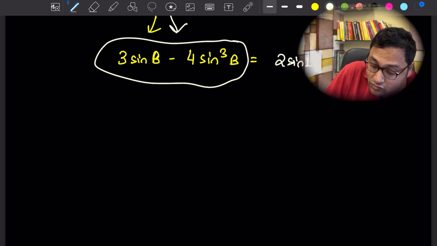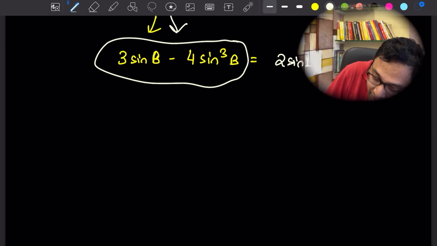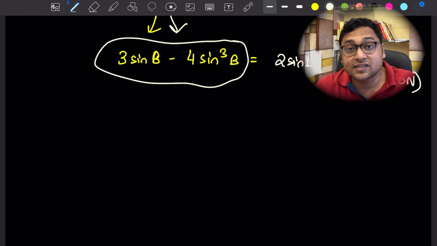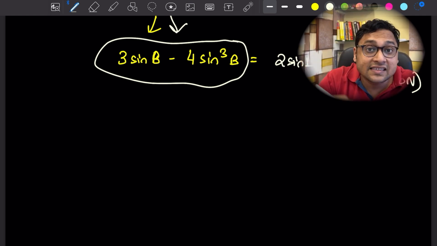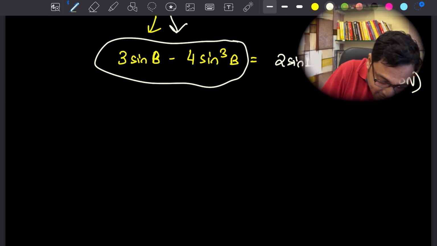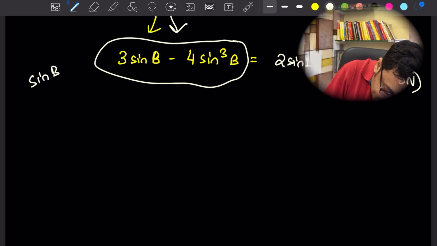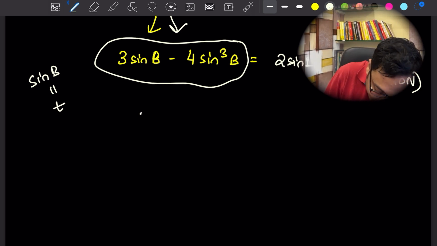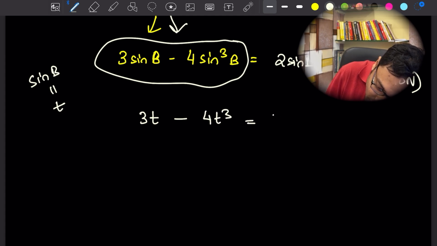We now have a so-called trigonometric equation. We can easily try to solve for sine b. Sine b is our variable here. So sine b is the variable t here, right? So in fact we have 3t minus 4t cube equal to 2t.